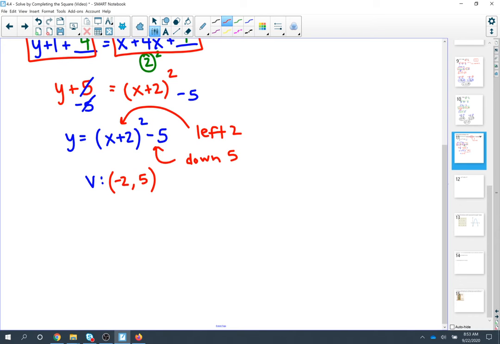If we just look at that graphically very quickly, down 5, that's negative 5, negative 1, 2, 3, 4, 5, and then we said that our parabola, because our a value is positive, points up, would look like that. So we already said that there was a minimum, so this is a minimum at y equals negative 5.